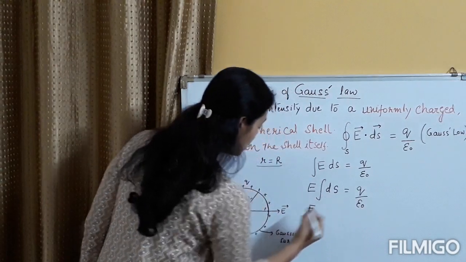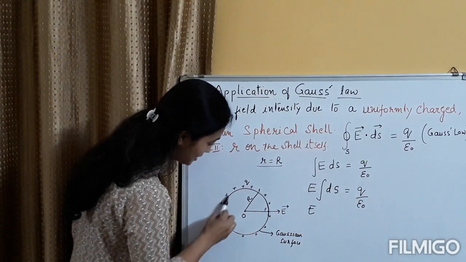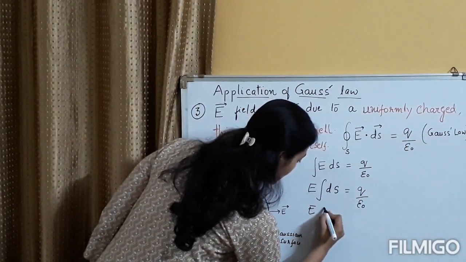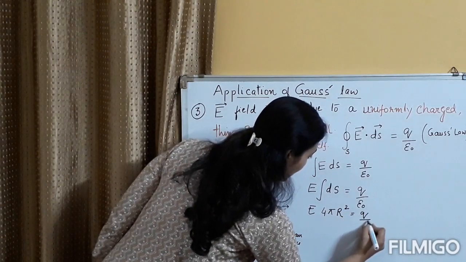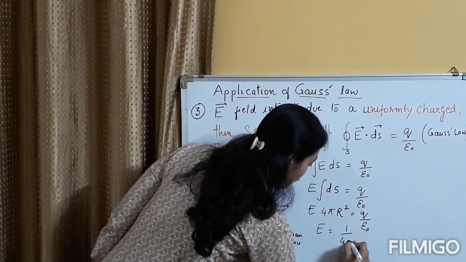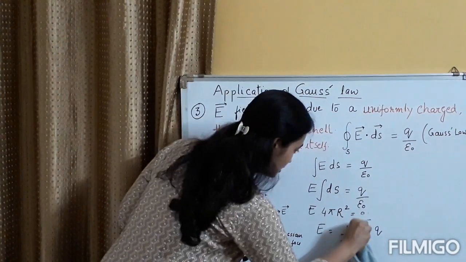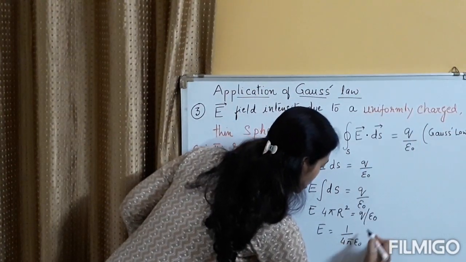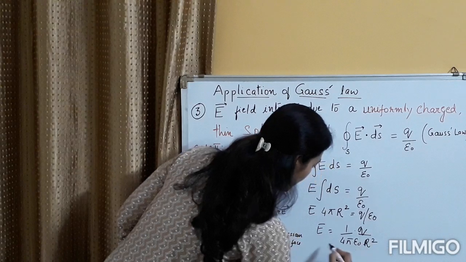E times the integration of ds. Now the integration of ds will be the integration of this surface area, which is having a radius of capital R. So we get 4 pi capital R square, which is equal to q by epsilon naught. Electric field E is equal to 1 by 4 pi epsilon naught q upon capital R square.